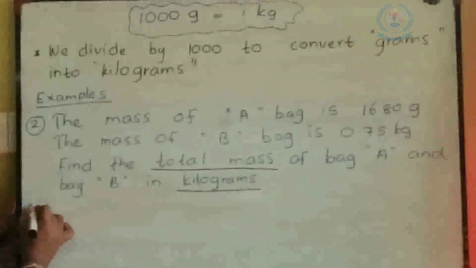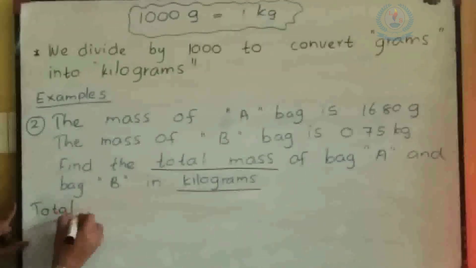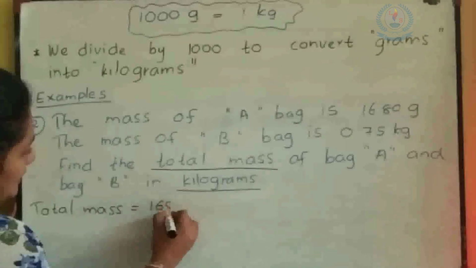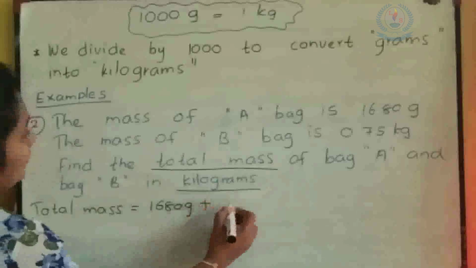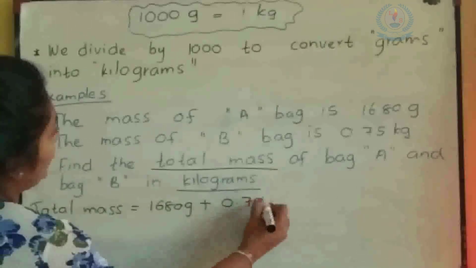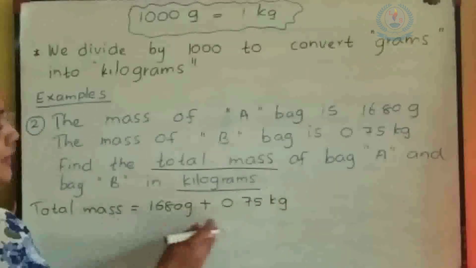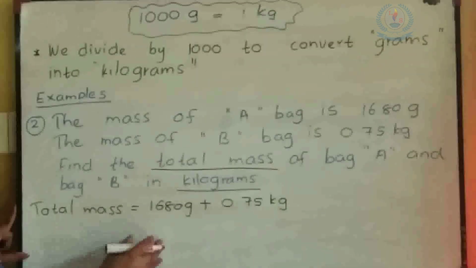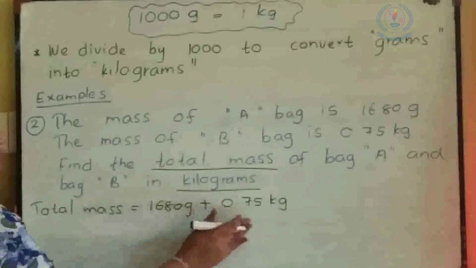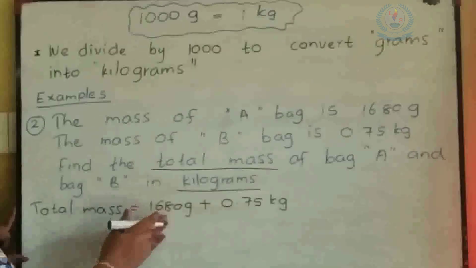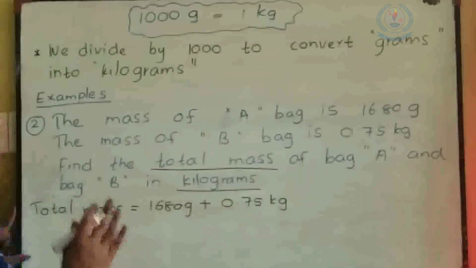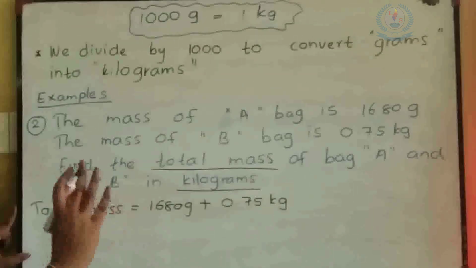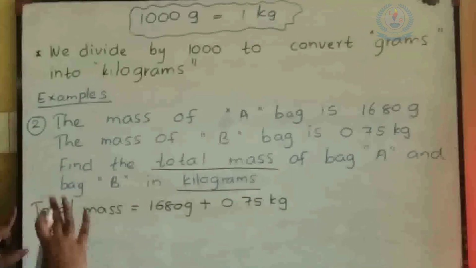Right? To get the total mass, we need to add those two values. 1680 grams plus 0.75 kilograms. Can we add these two values directly? Can't. Why is that? Because those two values are given in two different units. This value is given in grams, this value is given in kilograms. We know that we can't add two or more values with different units.